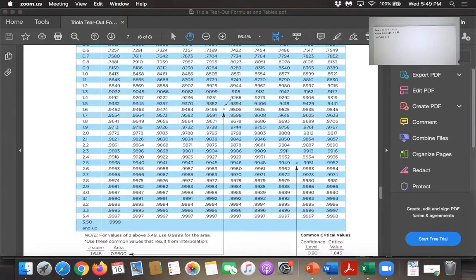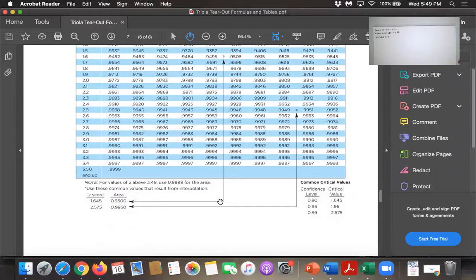So it's right in between. And if we follow this asterisk to the footnote in this table, we see that if we want an area to the left of 0.95, the corresponding z-score is z equals 1.645. Now we could get the same value using Excel.